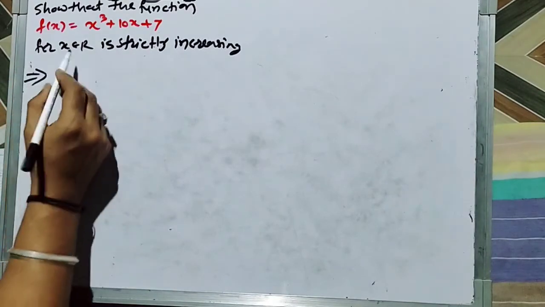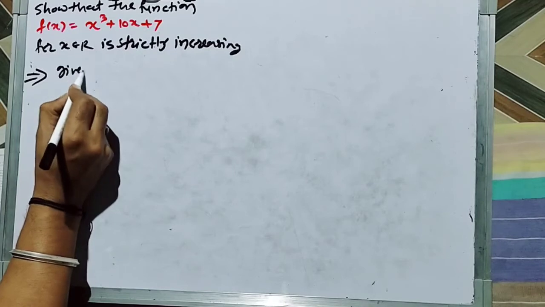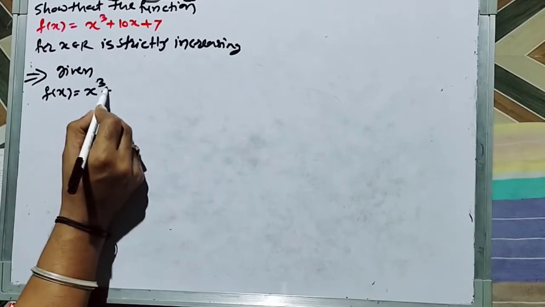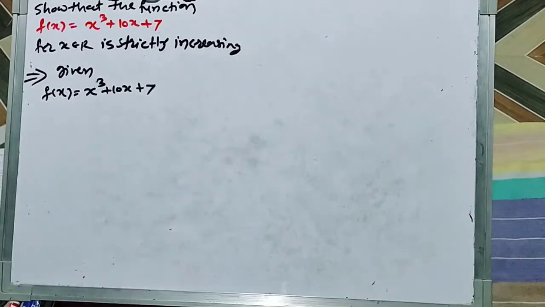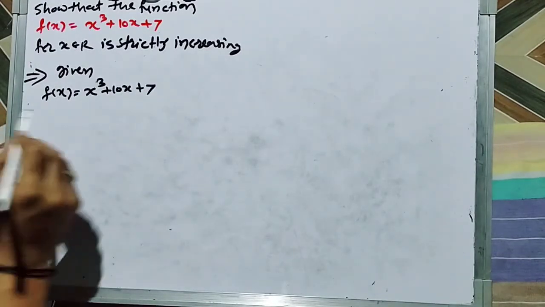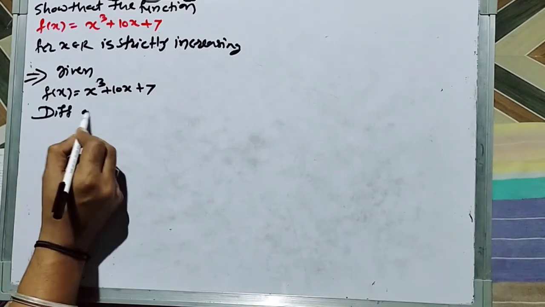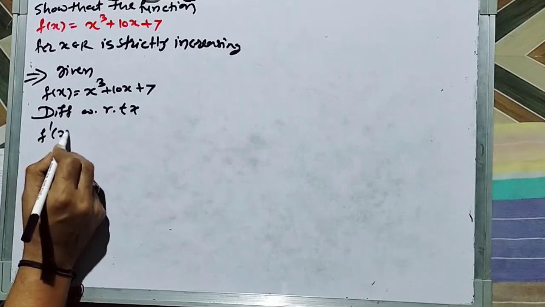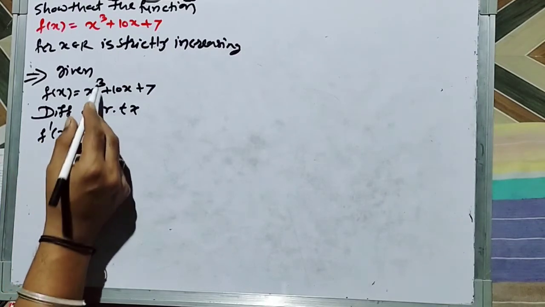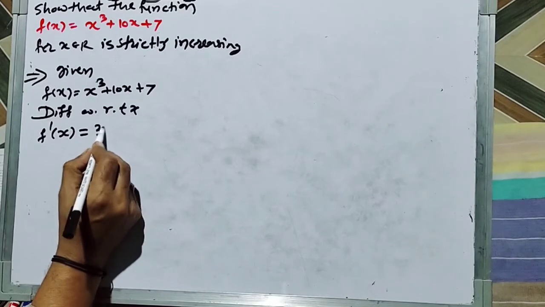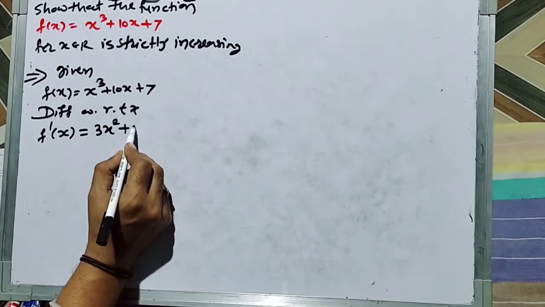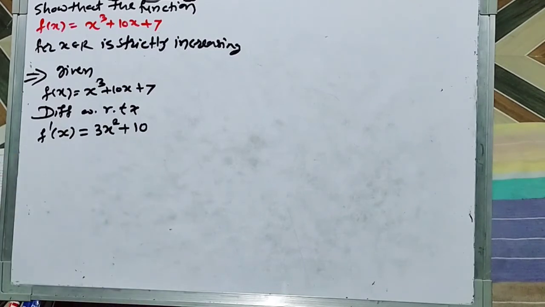So here for the solution, given f(x) = x cube plus 10x plus 7, differentiate with respect to x. It means the derivative f'(x) is equal to, the derivative of x cube is 3x square, plus 10 times the derivative of x, which is 1. So the derivative of f(x) is 3x square plus 10.